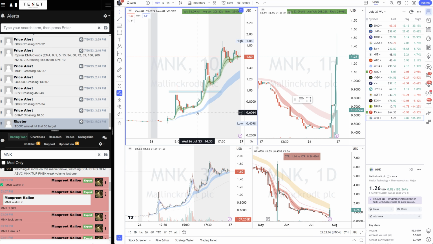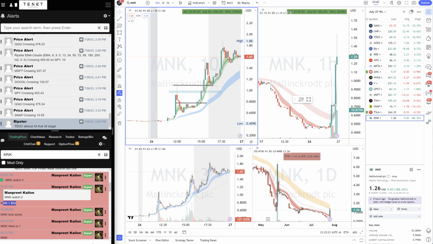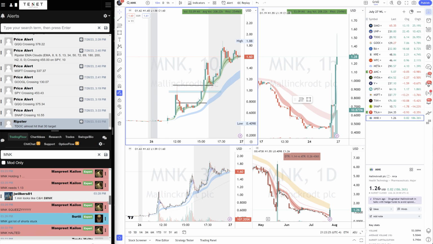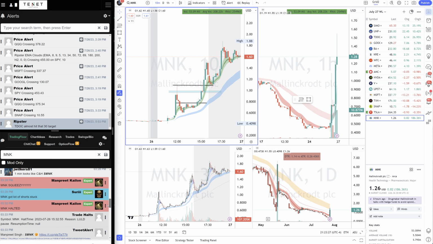These are the trades which can grow a small account. You see how it's holding 34.50. It held this setup here. Then there was a long over one. If I was in the room, I would have told everyone the long over one, but Manpreet guided really nicely. MNK, very nice.